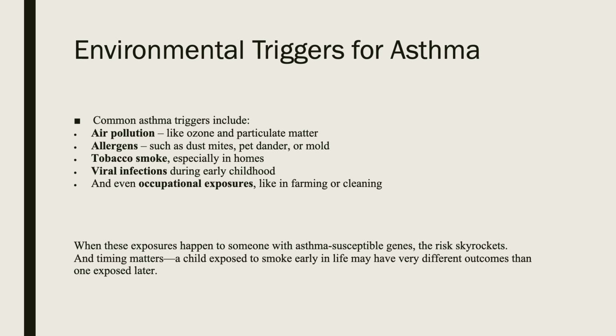When it comes to allergens, that breaks down to dust mites, pet dander, or mold. When we talk about tobacco smoke, we're talking specifically in homes, which is in a closed area. When we discuss the viral infections, we're talking about during early childhood. And when it comes to occupational exposures, we're talking about occupations such as farming and or cleaning.